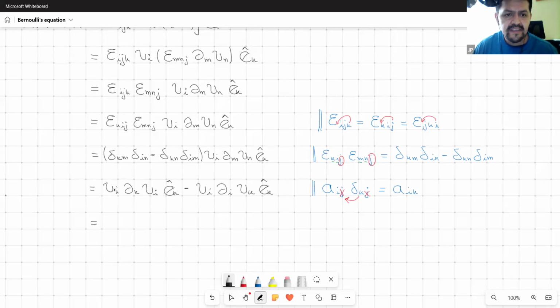And finally, we see that this looks a lot like the derivative with respect to x of, say, y squared. So what is that? That's going to be 2y dy dx.